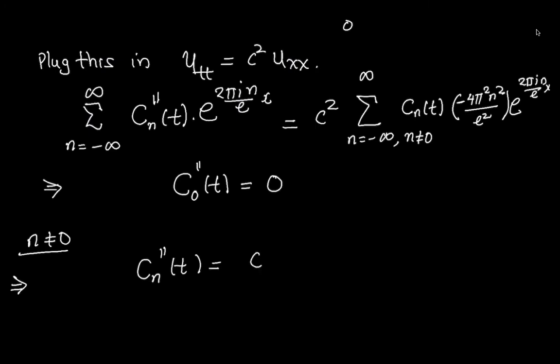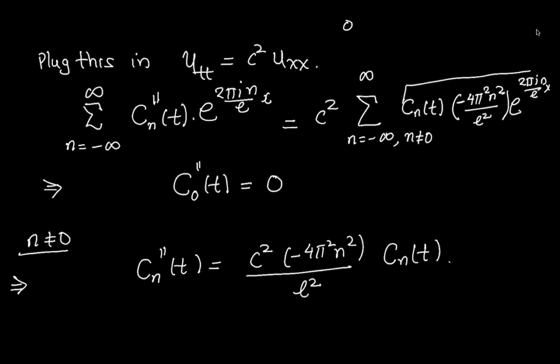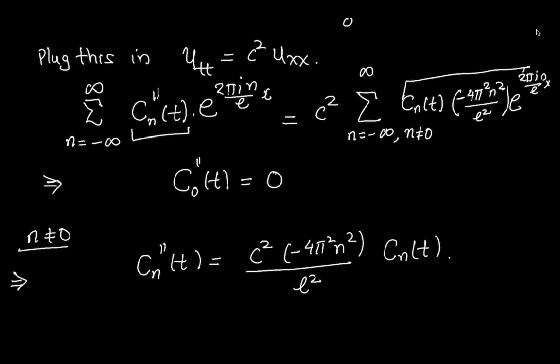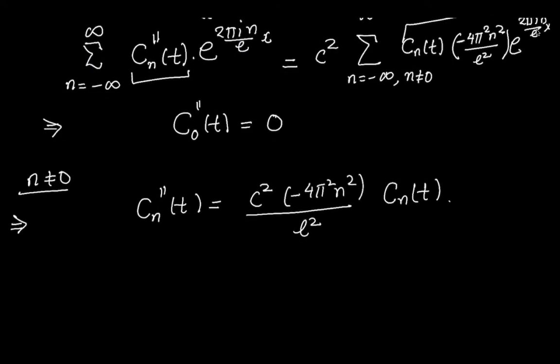It's going to be c squared times minus 4 pi squared n squared divided by L squared times c_n(t), if we compare the coefficients of like terms of this and that. So this is now an ODE, a second order ordinary differential equation in c_n(t).